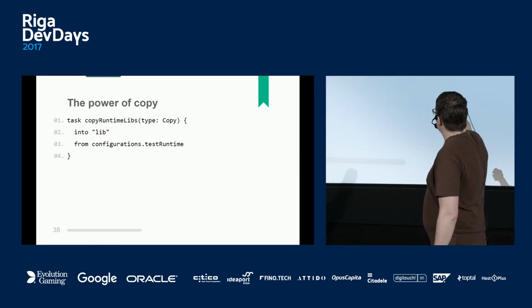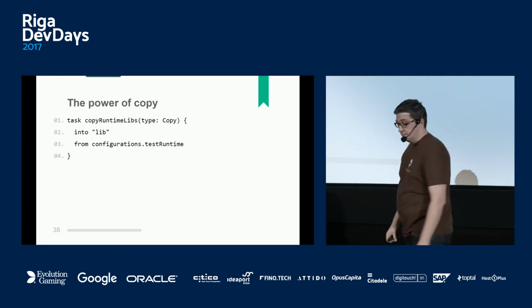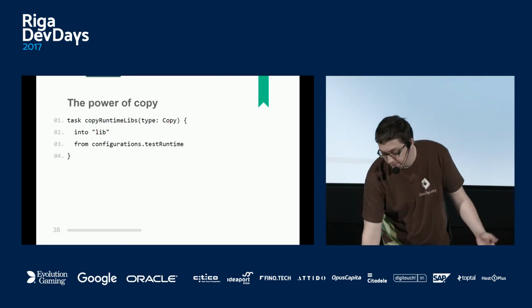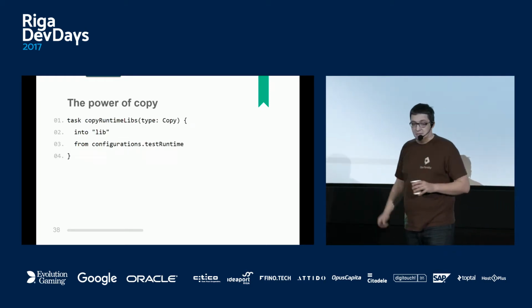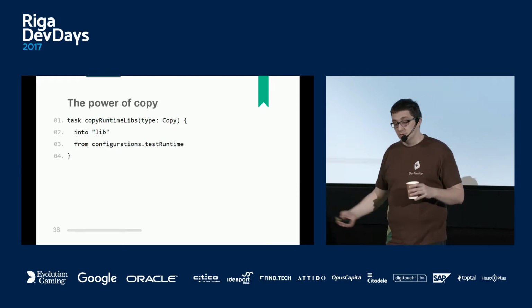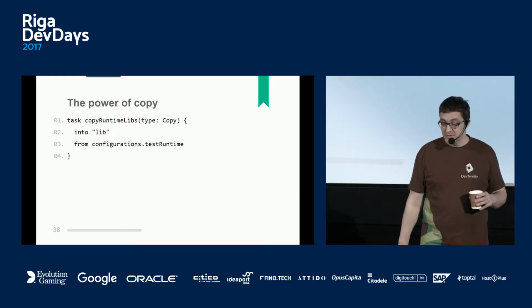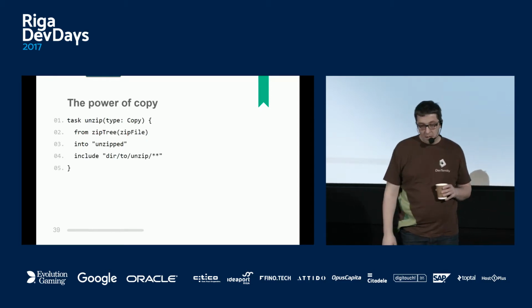So if we want to copy the test runtime libraries, we can do it in this simple way. And this is a very powerful thing. In this way, we can create fat jars. We can create distributions of our code with the libraries with just a simple copy task. Not many people are aware that the copy task provides that.